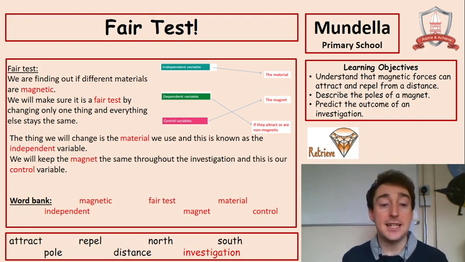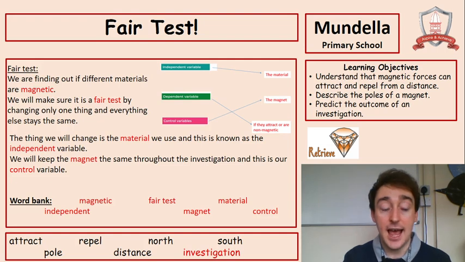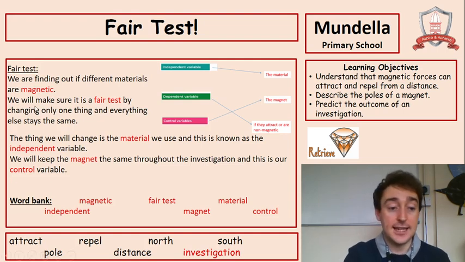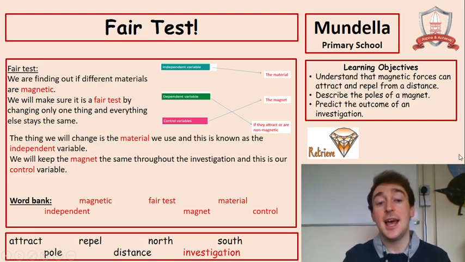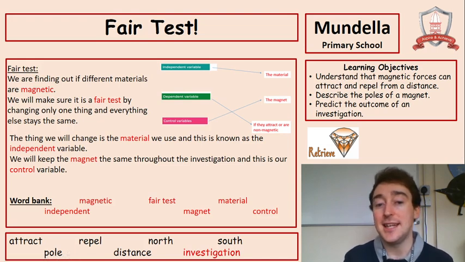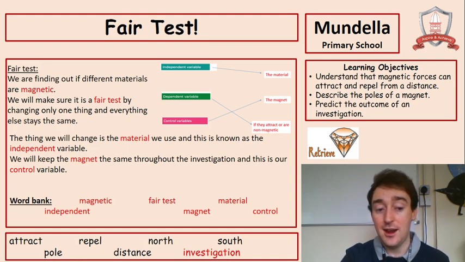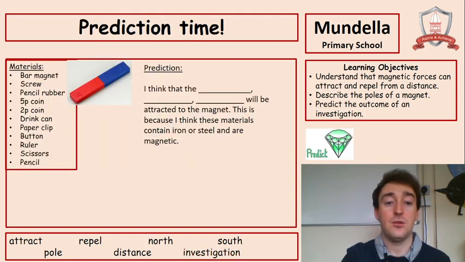Okay, so we're going to need to copy the fair test, this bit of writing, down into our books with the right words. So if you need to make any changes, now is the time to pause the video, make the changes, and then we'll continue. And we will continue in 3, 2, 1, go.